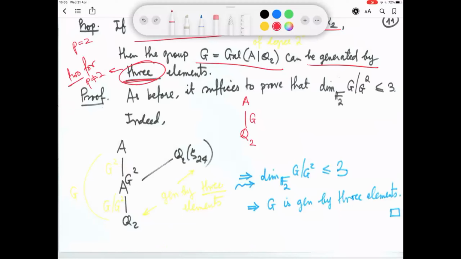Okay, now you can see it, right? Yes, it's fine. Okay, good.